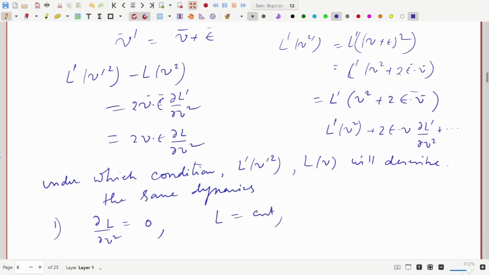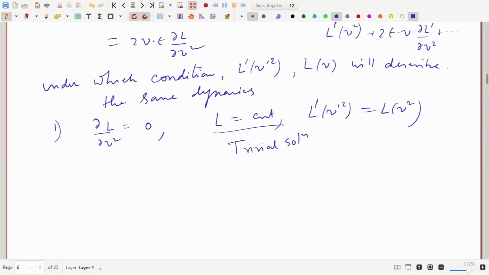In that case I find L(v'²) is the same as L(v²). So the Lagrangian in the two frames is the same, but this is the trivial solution. Lagrangian constant means no dynamics. So this solution is not interesting and is ruled out.